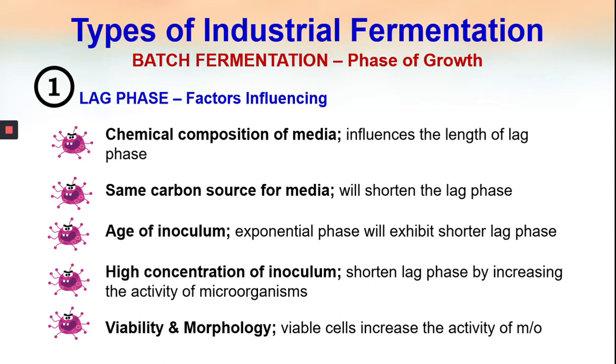High concentration means you are using microorganisms that fall under 10 power of 1 or 10 power of 2, in comparison with 10 power of 5 or 10 power of 6, which is a lesser concentration. So if you want to shorten the lag phase, we need to use the inoculum or the pure culture strain that falls under 10 power of 1 or 10 power of 2 concentration.